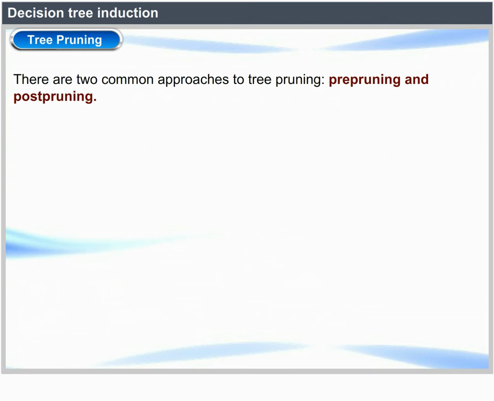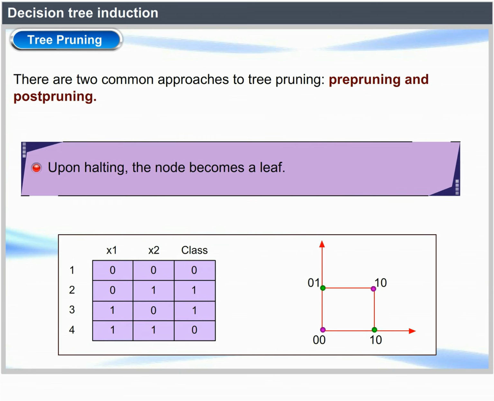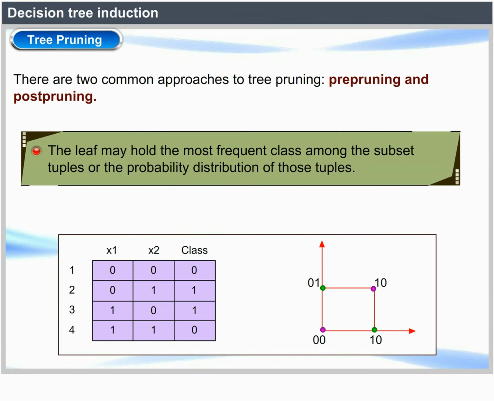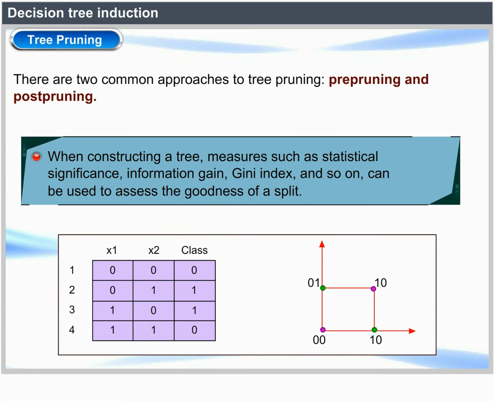In the pre-pruning approach, a tree is pruned by halting its construction early. Upon halting, the node becomes a leaf. The leaf may hold the most frequent class among the subset tuples or the probability distribution of those tuples. When constructing a tree, measures such as statistical significance, information gain, Gini index, and so on can be used to assess the goodness of a split.